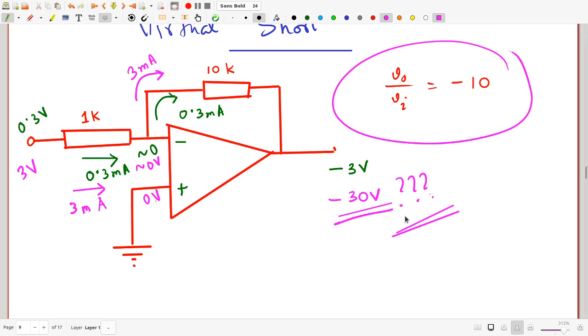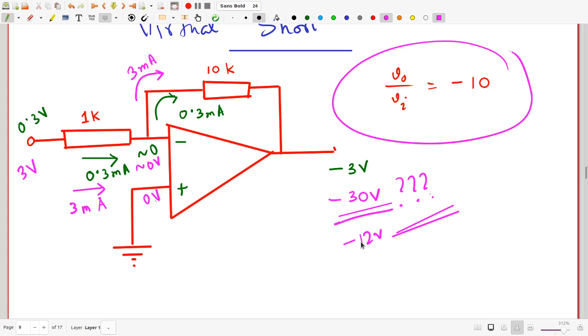You are apparently getting much more output in the negative direction than your power supply allows you to. And we already know what will happen. We know that the output will not be minus 30 volts. It will be minus Vsat, and as I've said, it will be somewhere around minus 11.5 perhaps, but for the sake of conversation, let's just say minus 12 volts.